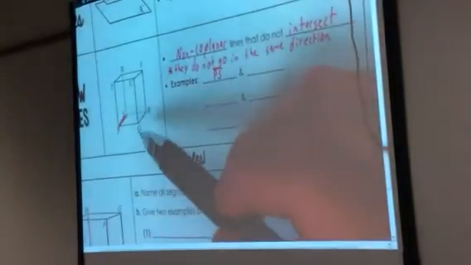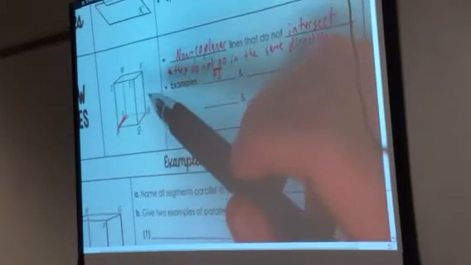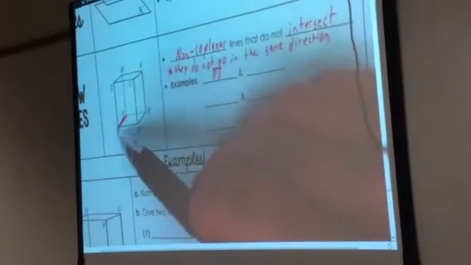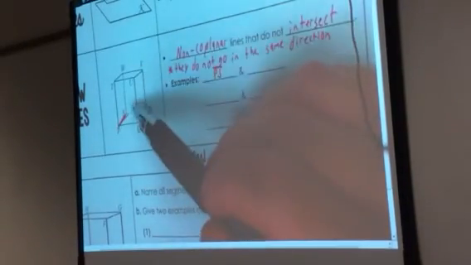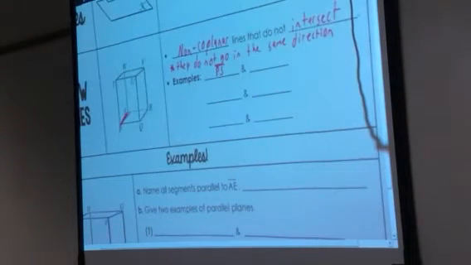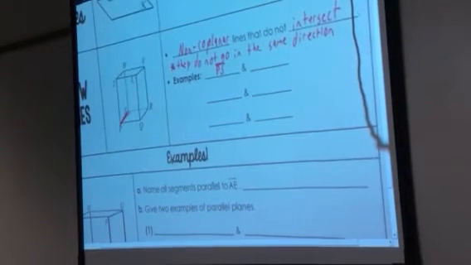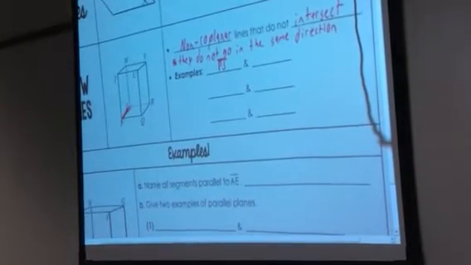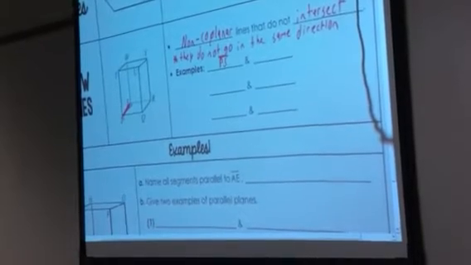Well, if I look at VR, is that going the same direction as PS? It's not. But if I'm looking at it like it's the classroom, PS would be at the bottom edge of that side over there, and VR would be going up in the back corner. So they're still never going to cross, right?